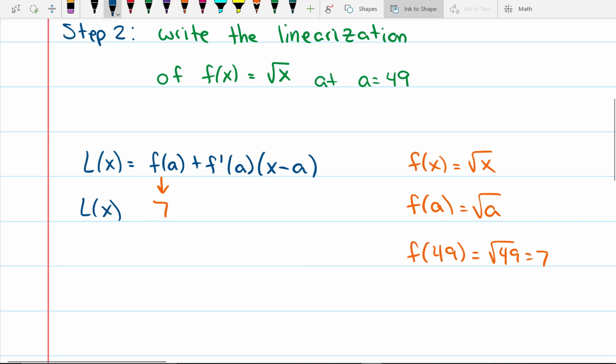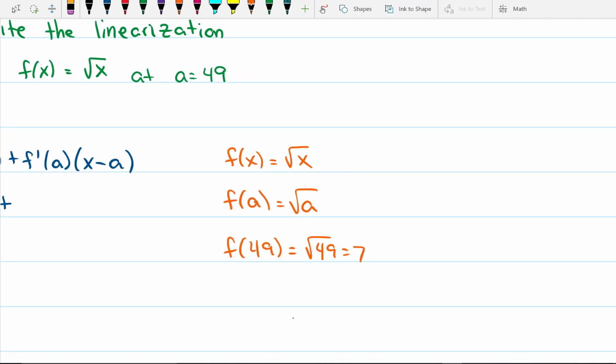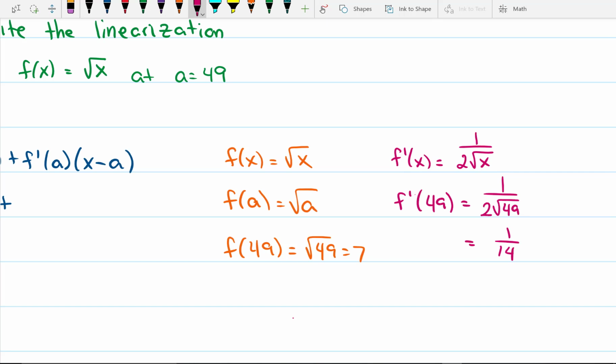So L of x is equal to 7 plus, now we need to find f prime of a. If f of x is equal to the square root of x, then we know that f prime of x is equal to 1 over 2 times the square root of x. So f prime of 49 then is 1 over 2 times the square root of 49, which becomes 1 over 14.